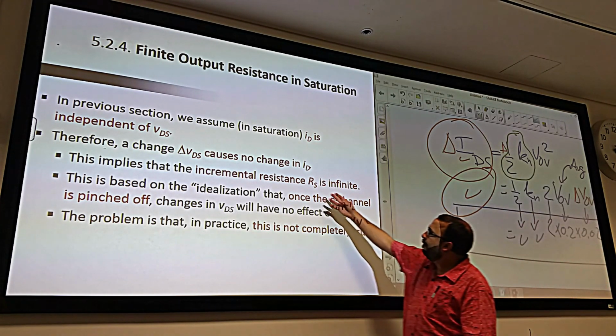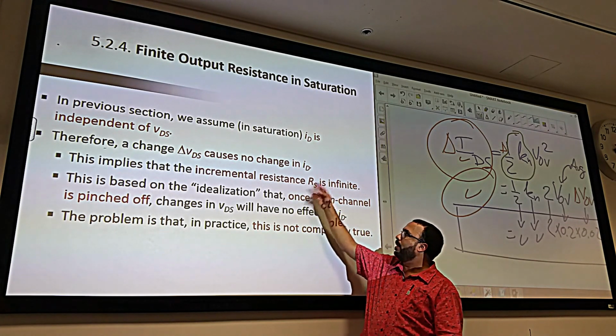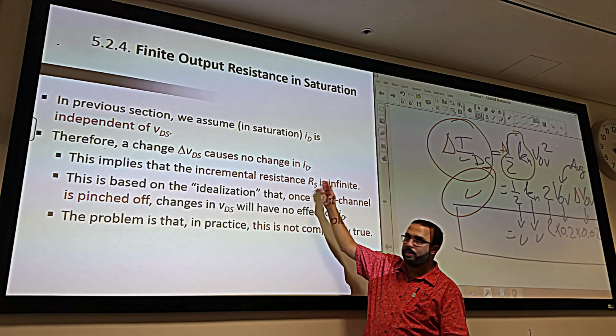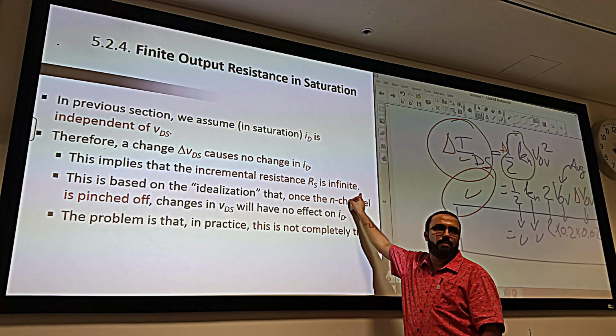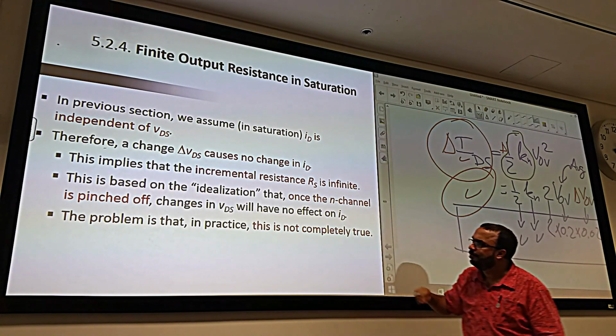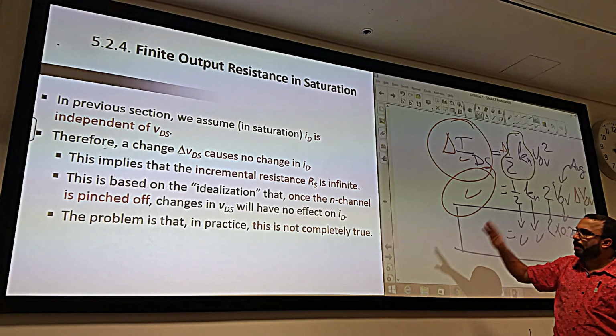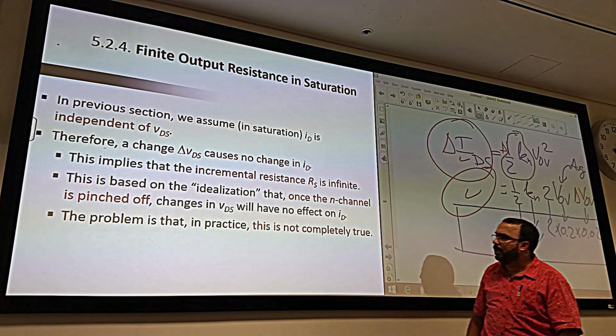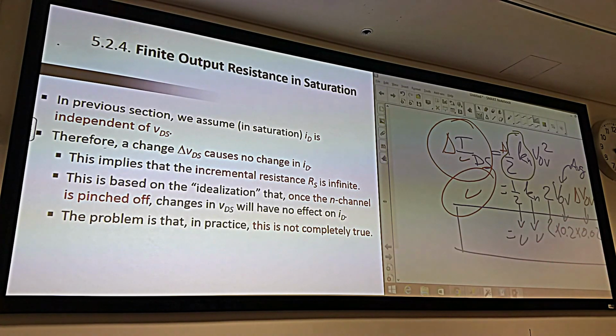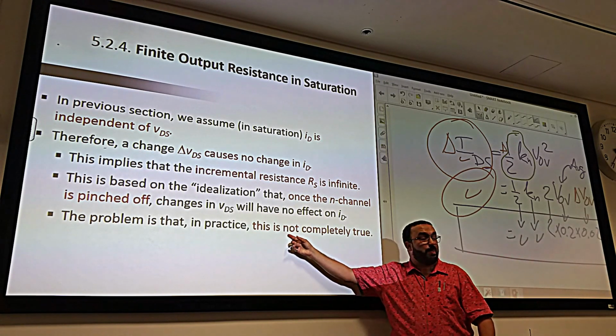And that's what we found, that RS, the channel resistance, is infinite. I've shown you that in an equation. So basically there is absolutely no dependence, and in practice that is completely untrue.